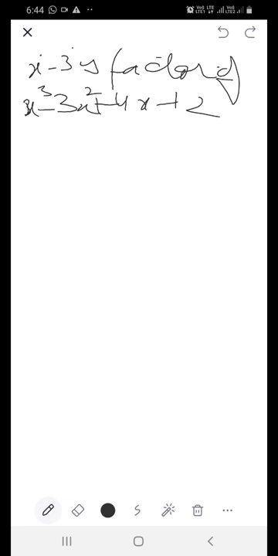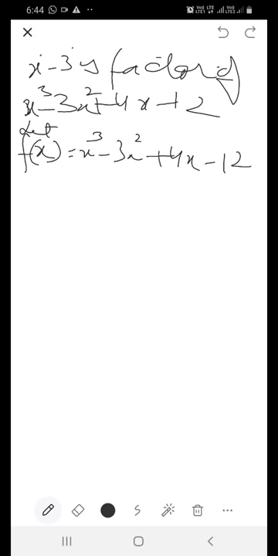So the first step, what I told you, is to give a name to the algebraic expression. Let f(x) be equal to x cube minus 3x square plus 4x minus 12. The next step is put your divisor x minus 3 as 0.